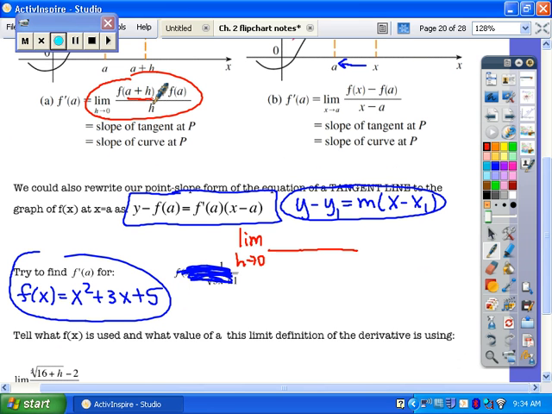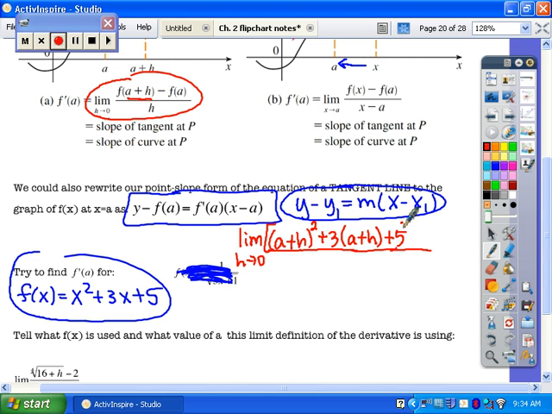In for all the x's. So it's going to be a plus h squared plus 3 times a plus h plus 5. So all I did is I put in a plus h in for each of the x's in the equation.